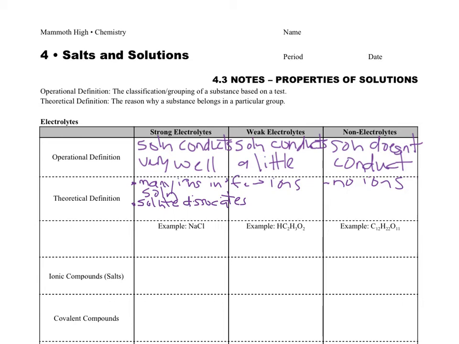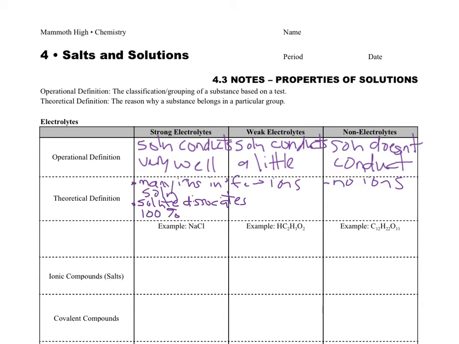If the solute dissociates 100%. So when you think about those ionic compounds, those metals and nonmetals, that should make sense. So if you're taking those ions, those magnets of positive and negative cations and anions, and you separate them when they dissolve, that's what we call dissociation.